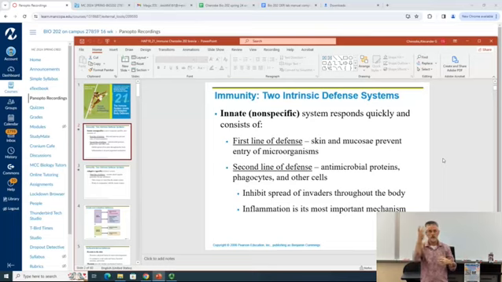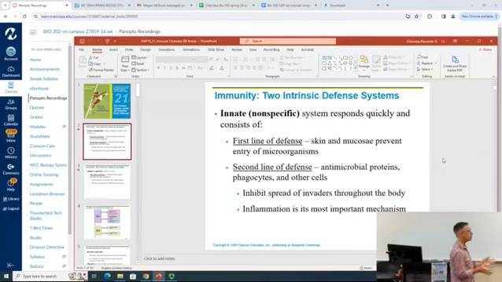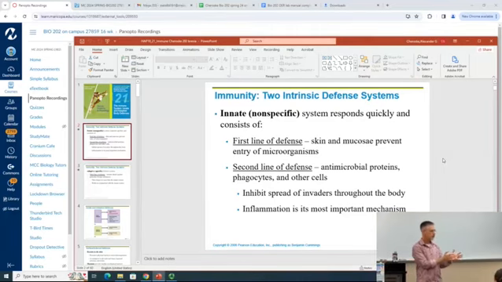Remember, we had trunks that are draining lymph from different areas of the body, like the lumbar trunks from the lower limbs and things like that, right? So we go to our trunks, and then trunks go into our two major ducts. So we have a right lymphatic duct, and then we have a thoracic duct that are collecting major areas of the body in terms of lymph and getting it back to that cardiovascular system.